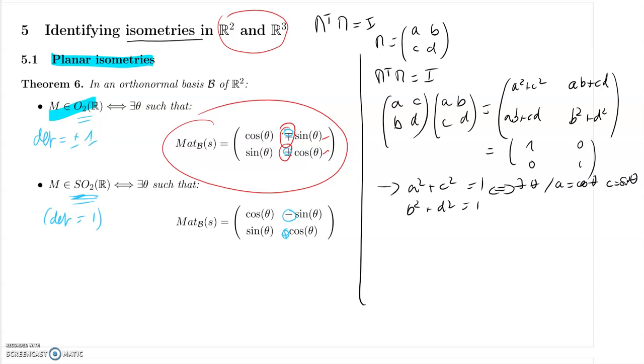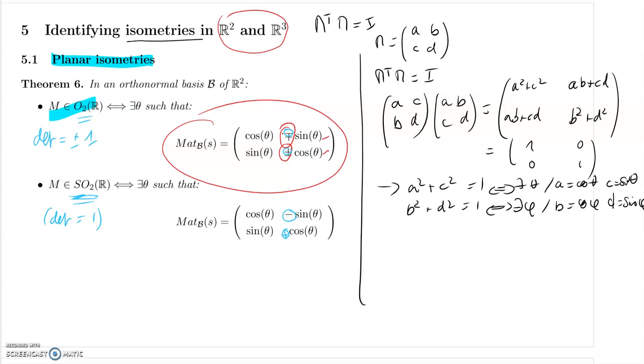Similarly for the second one, there's no reason that it is the same angle. So there exists some other angle phi such that B is equal to the cosine of phi, and D is equal to the sine of phi.